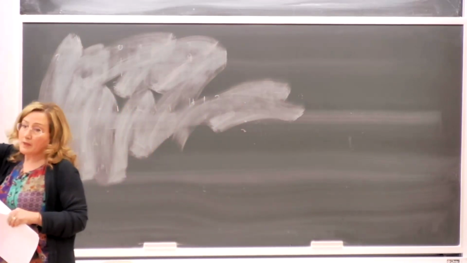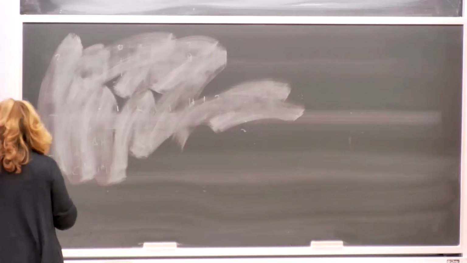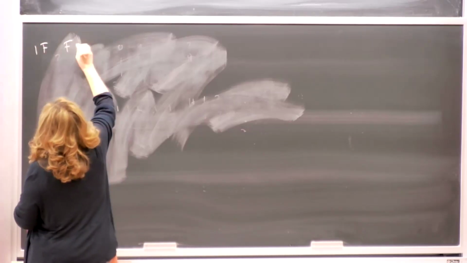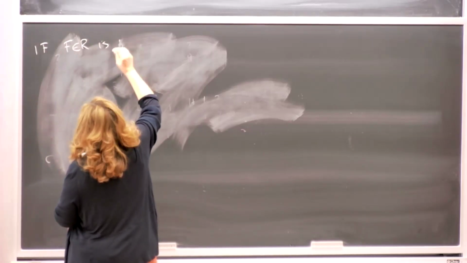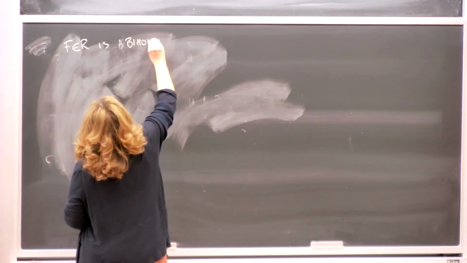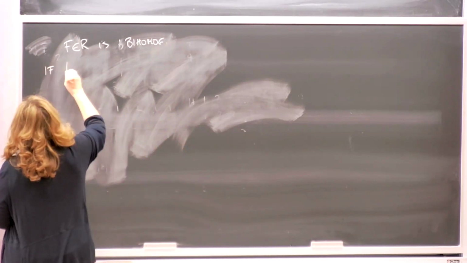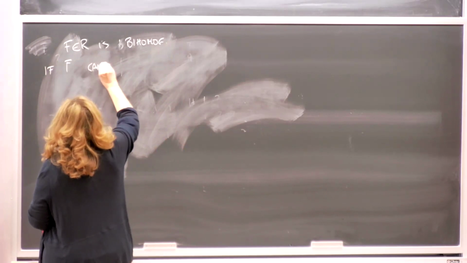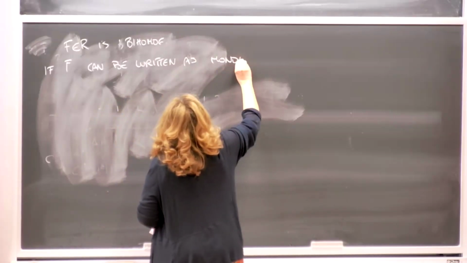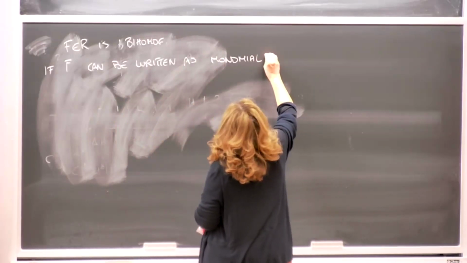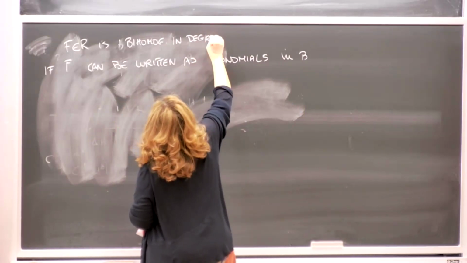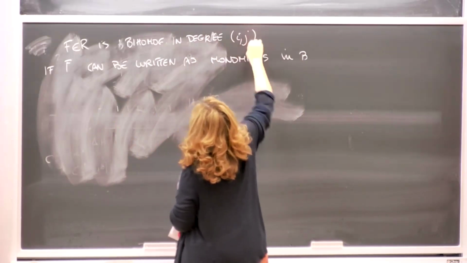A bihomogeneous form is a sum of monomials in the same bidegree. So if F in our ring is bihomogeneous, then F can be written as a sum of monomials in bidegree, let's say (i,j).